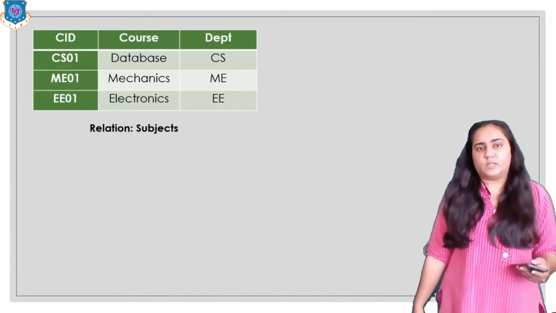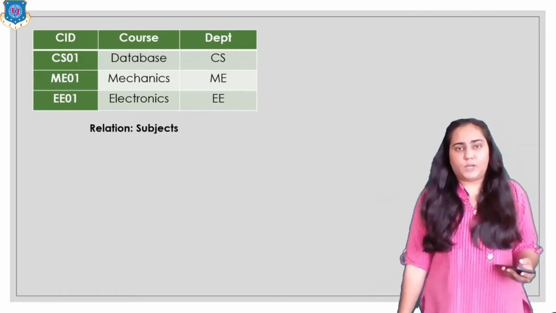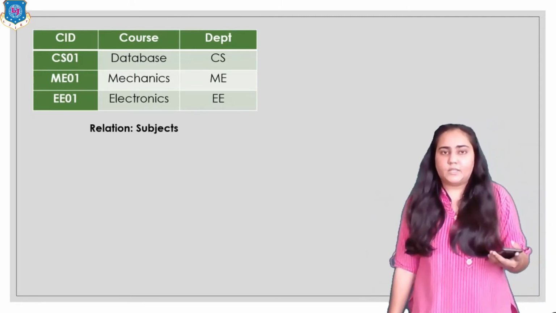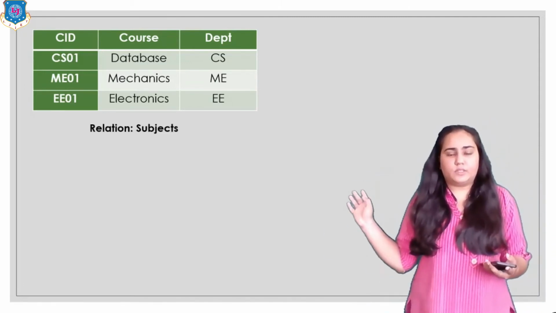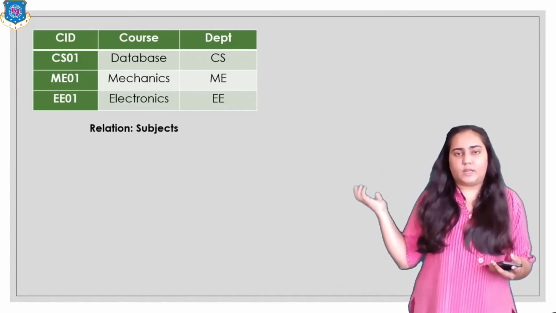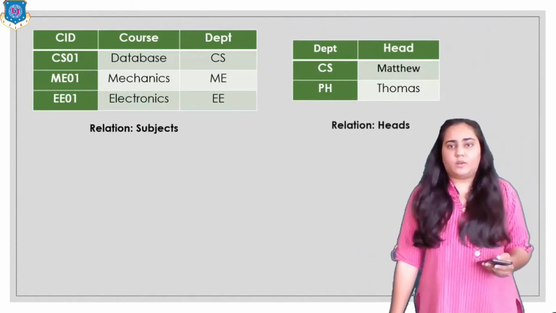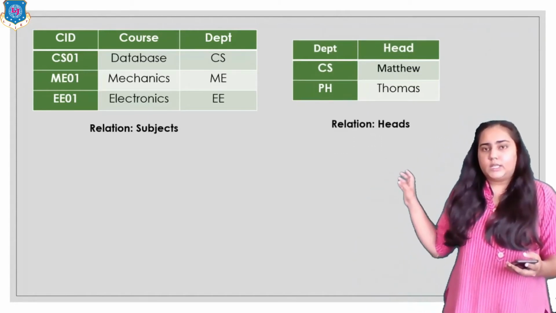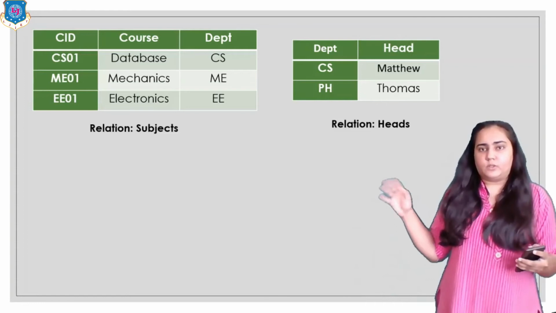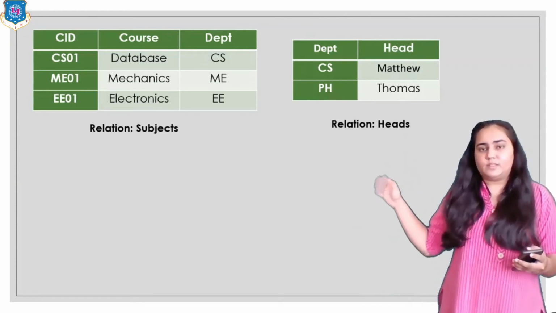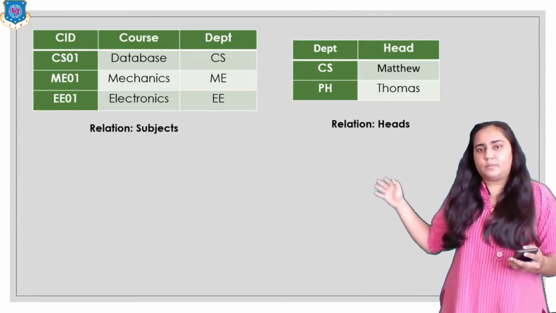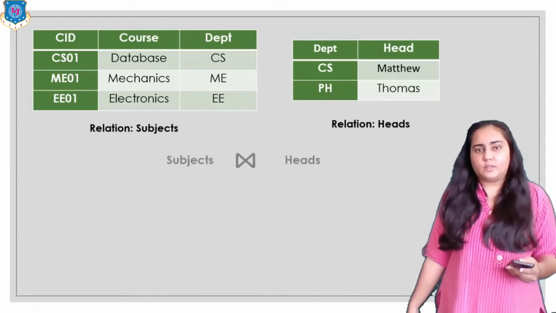One table contains subjects, and this shows you the ID of the course and the name of that subject and the department in which it is taught. And then the second one is the heads of those departments. So I have two departments, CS and PH, and Matthew and Thomas are the heads.